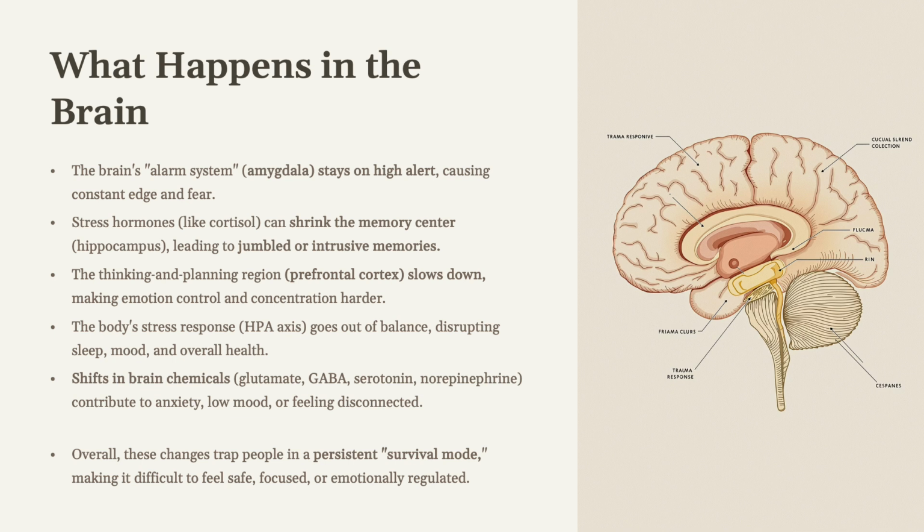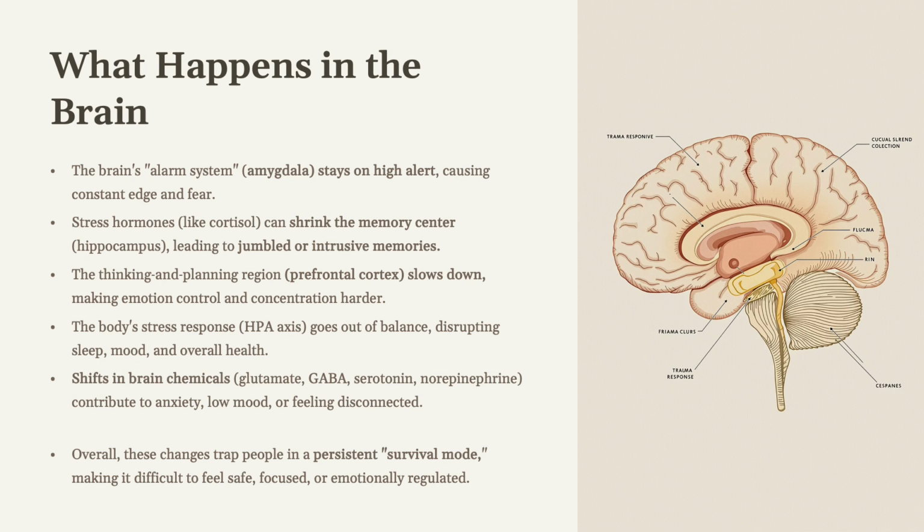And so what happens in the brain? After we talk about this, we'll get into some evidence-based treatments. What happens in the brain in trauma is that the brain's alarm system, the amygdala, which, if you're looking at the screen, is in the center of the brain, right above the brain stem, behind the frontal lobe.